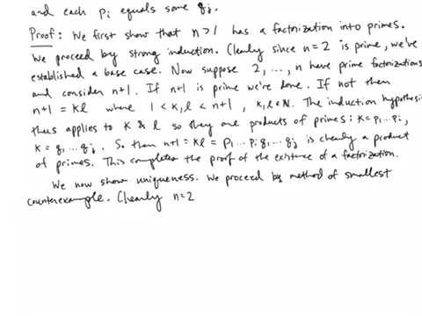So 2 can't possibly be a product involving primes bigger than itself, or any numbers bigger than itself. So clearly n equals 2 has a unique prime factorization. So a base case is established.